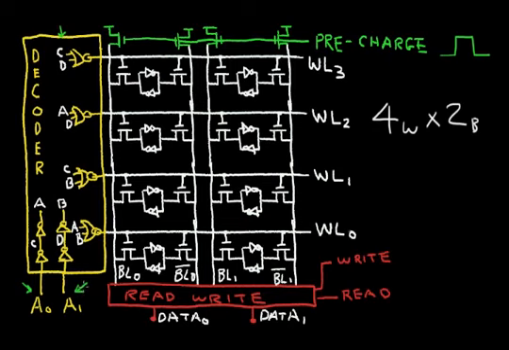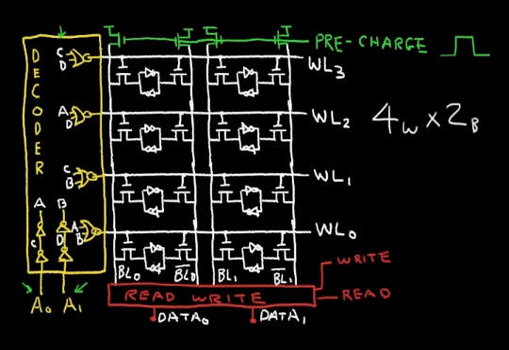And those 2 bits of address information give me 4 different combinations. For example, word line 0 is selected when both A0 and A1 are at a logic 0 level. Word line 3 is selected when A0 and A1 are both at a logic 1 level, and so on for word line 1 and word line 2.